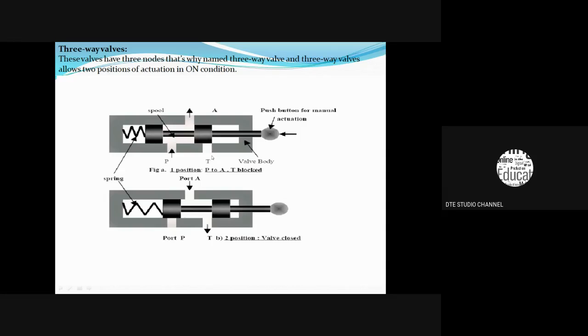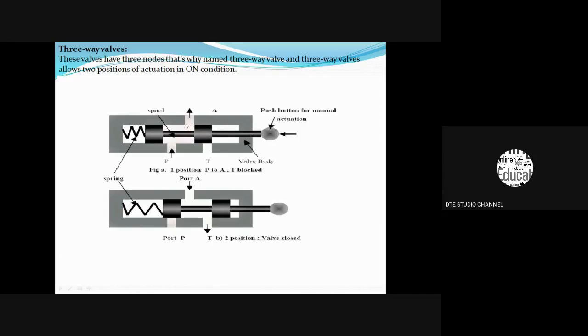Now, in the first position, whenever the push button is operated, the push button is pressed against the spring, and the plug is moving to the left.